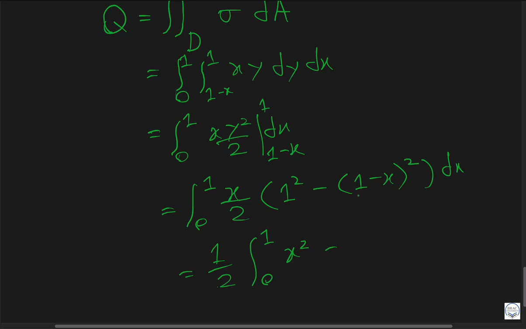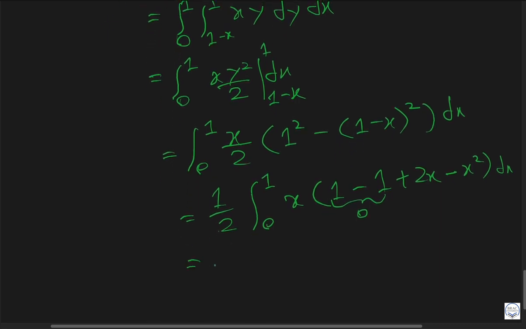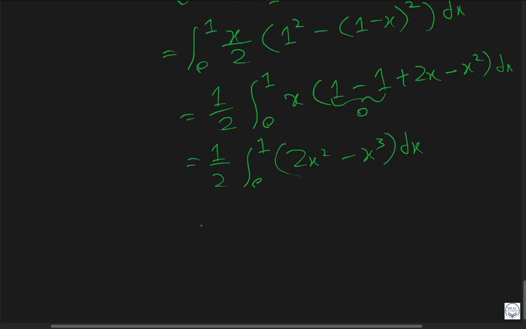Keep x, expand this: 1 plus 2x minus x squared dx. 1 minus 1 is just 0. This is just the formula for the square of a plus b. So now we get 2x squared minus x cubed dx, and this is just half.